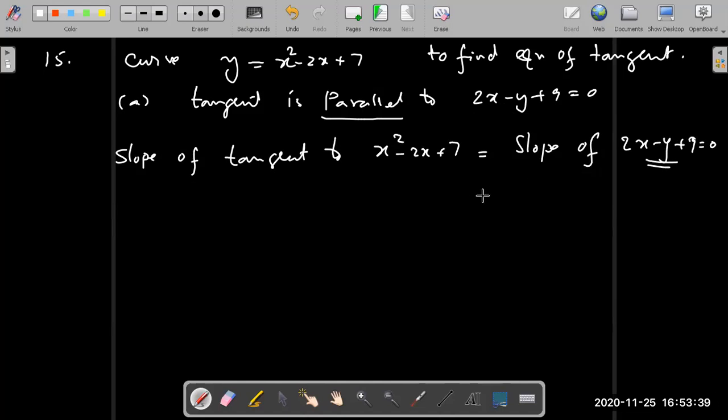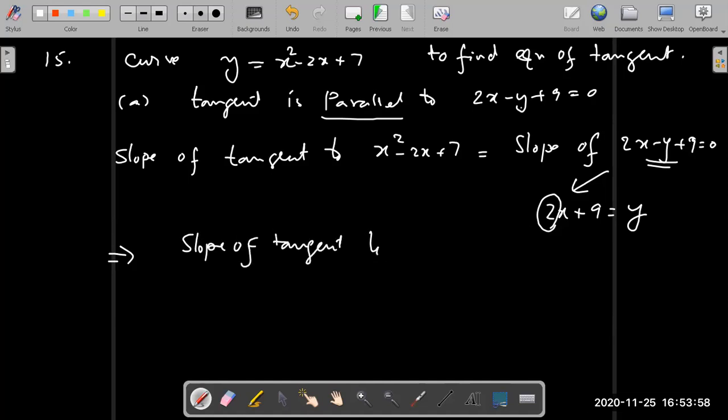So how do I get this? Arrange them, take the y to the other side, then you have 2x plus 9 equal to y. So this is the slope, 2. That implies the slope of the tangent to x squared minus 2x plus 7 is 2.